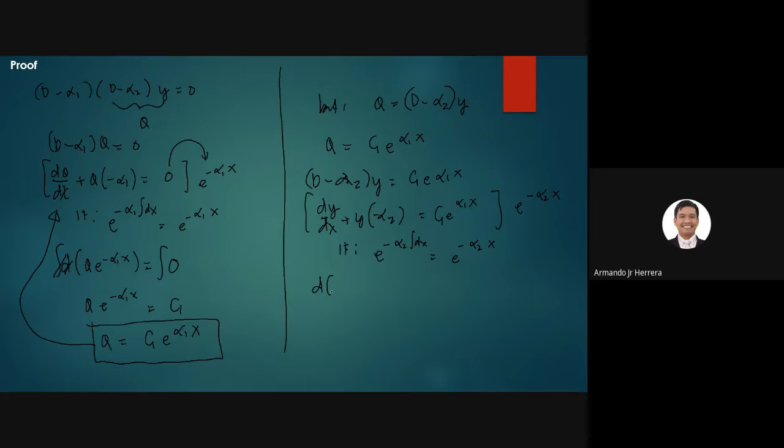So this is derivative of y multiplied by our integrating factor e raised to negative alpha 2 of x equals c1 e raised to, sorry, it's positive alpha 1 x times e raised to negative alpha 2 of x. So you just need to add the two exponents.